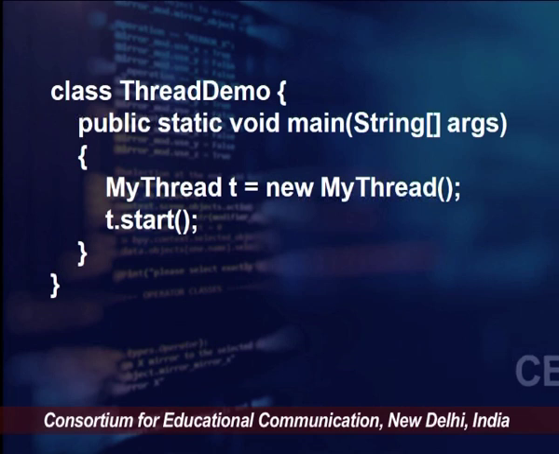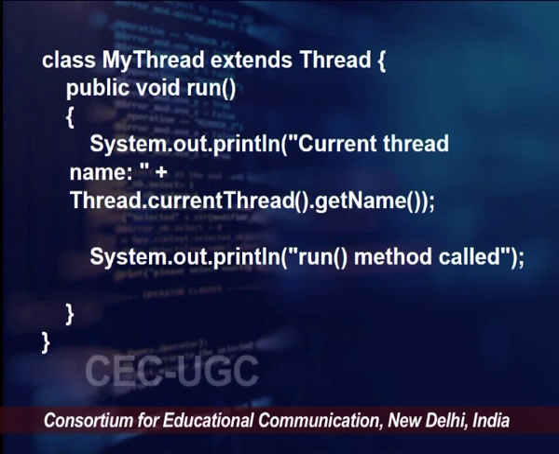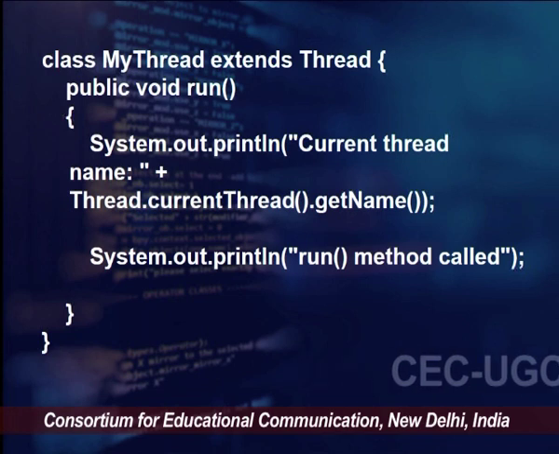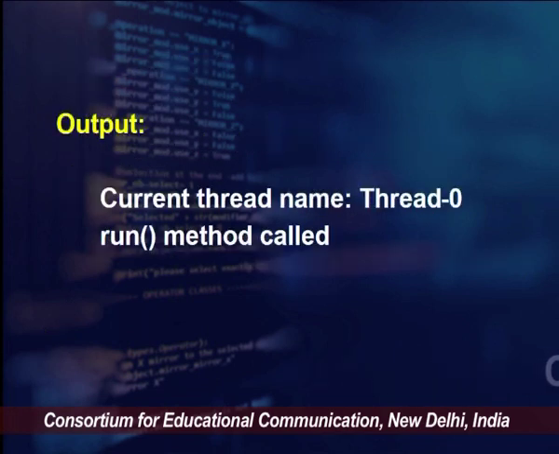So the two things, one is t.start and another one is the run method which we have just seen. And now what will be the output? The output says current thread name Thread-0 and then run method called. So from where is this output coming?